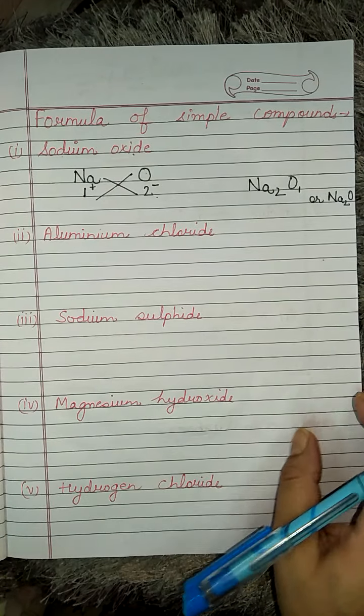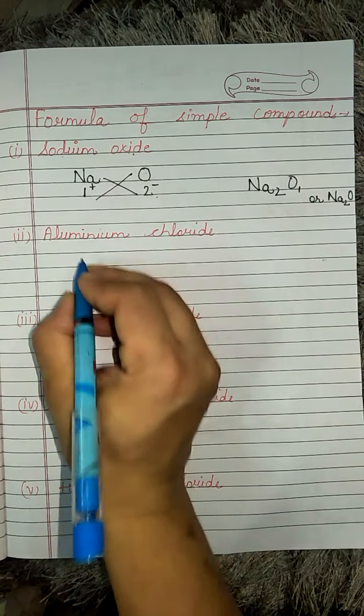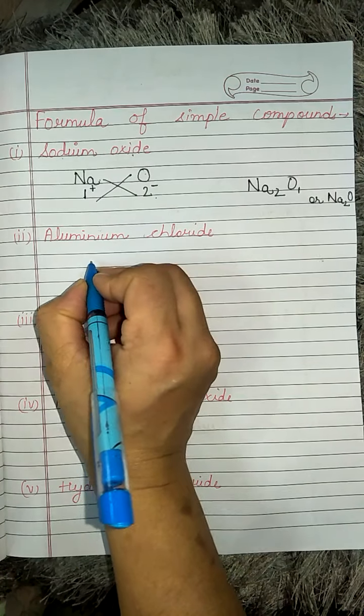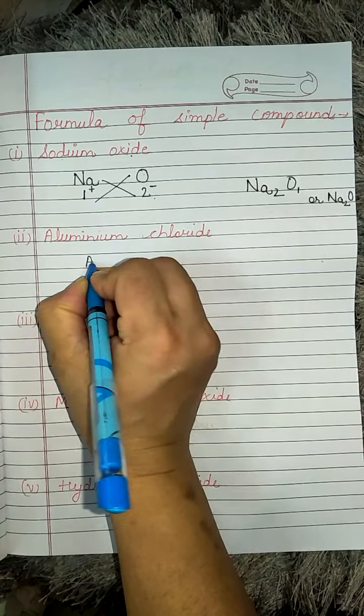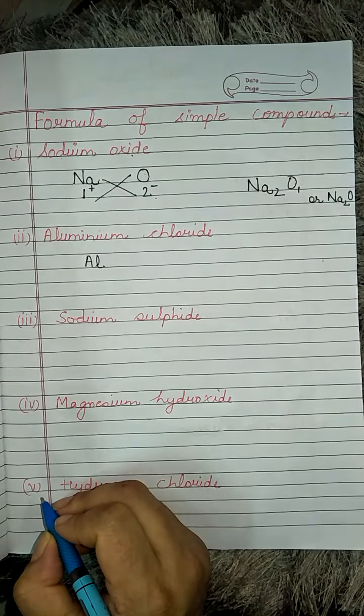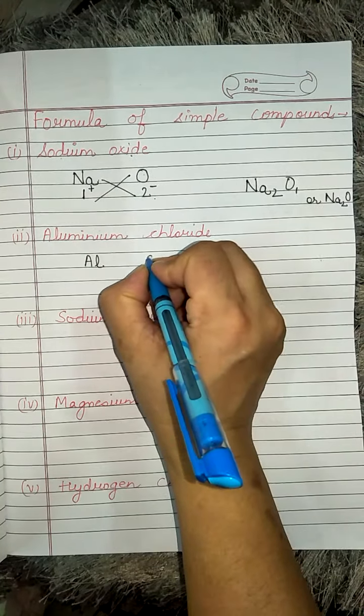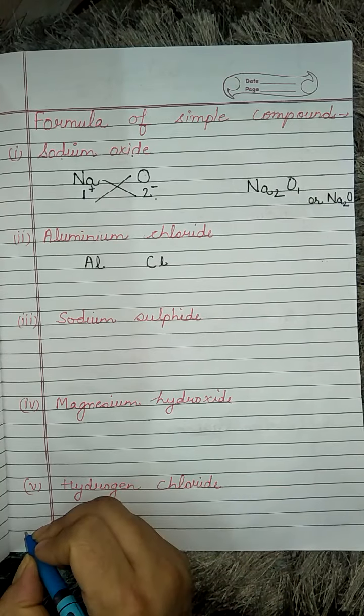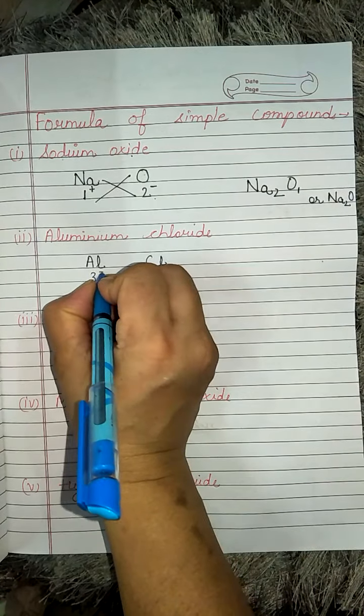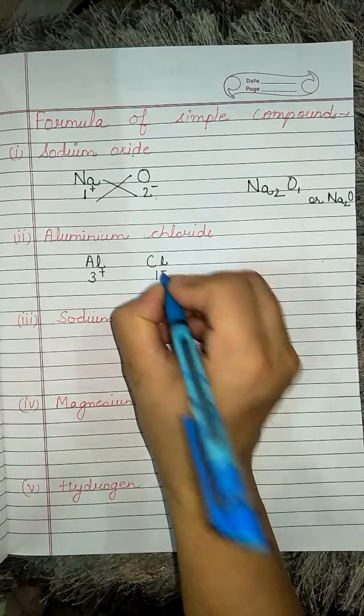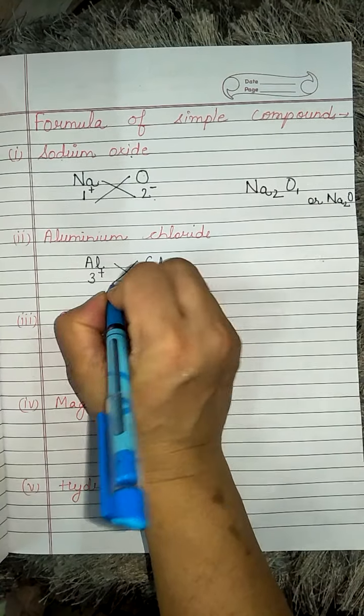Not only one example, I am going to quote many examples, so don't get confused. See, aluminium: the symbol for aluminium is Al. Chlorine, Cl. The valency of aluminium is 3 positive and of chlorine is 1 negative. Cross.